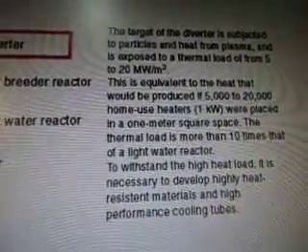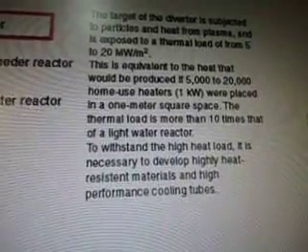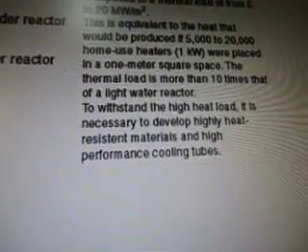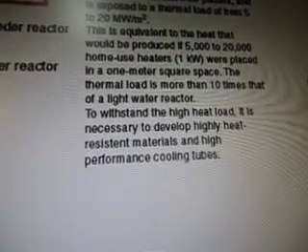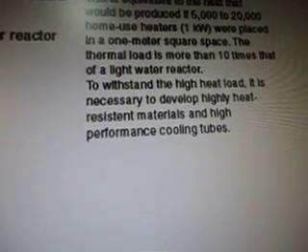This is equivalent to the heat that would be produced if 5,000 to 20,000 home use heaters at 1 kilowatt were placed in a 1 meter square space. I don't think you'd fit that much space. The thermal load is more than 10 times that of a light water reactor. To withstand the high heat load, it is necessary to develop high heat resistant materials and high performance cooling tubes.